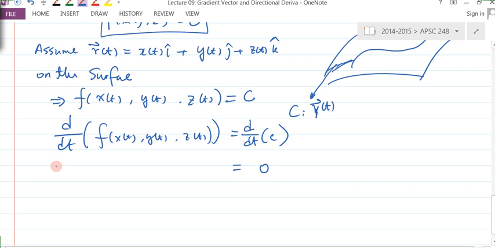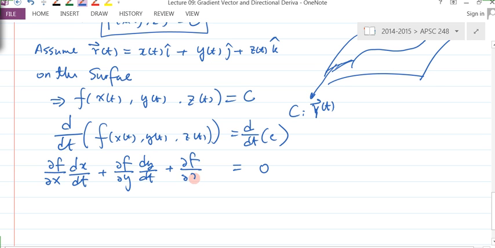It should give us partial f over partial x times dx dt, plus partial f over partial y times dy over dt, plus partial f over partial z times dz over dt.